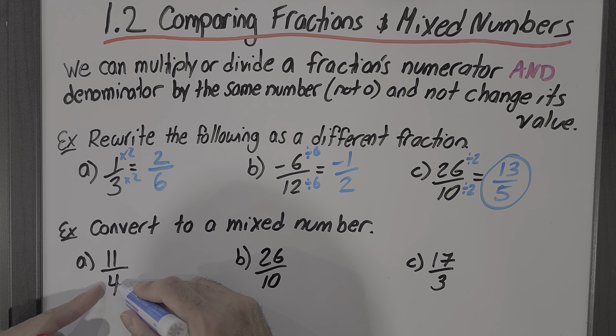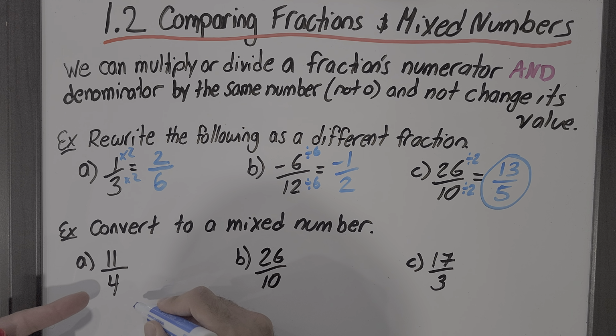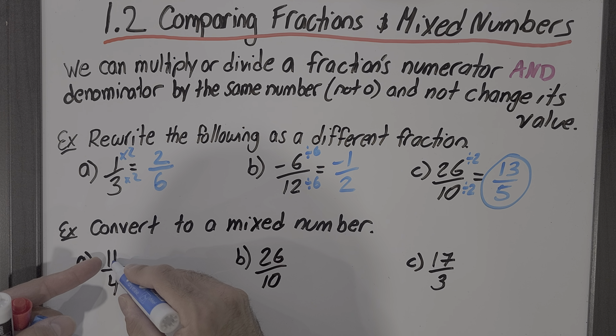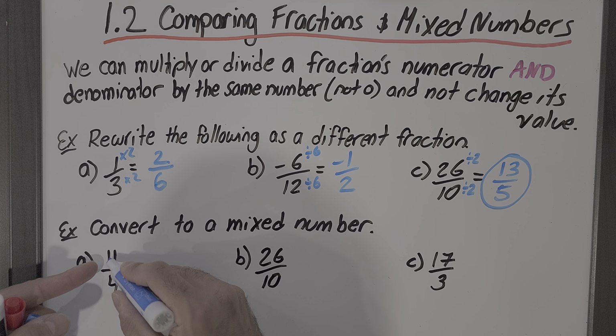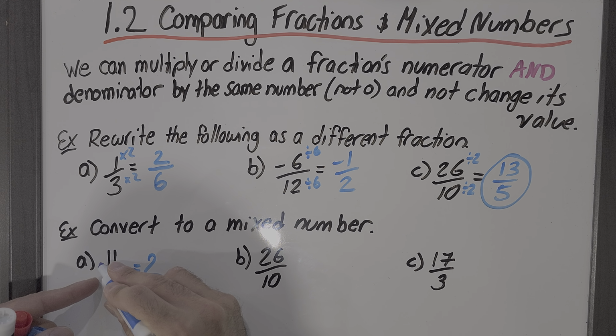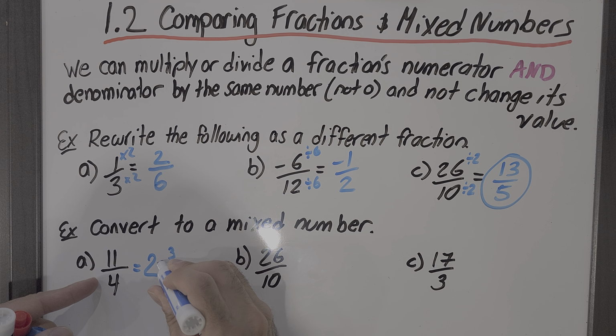Well, for sure I have 2, because 4 slices in 2 pizzas is going to give me 8, and that's in 11. So I have to figure out the highest multiple that goes into 11. So that's going to be 4 times 2. So this is going to be a 2, and 8 to 11 are 3 apart.